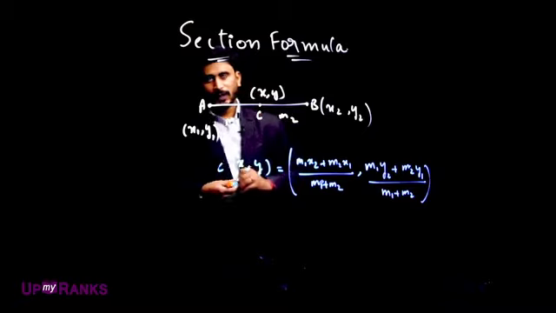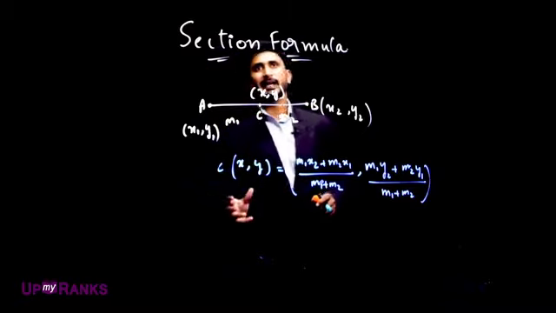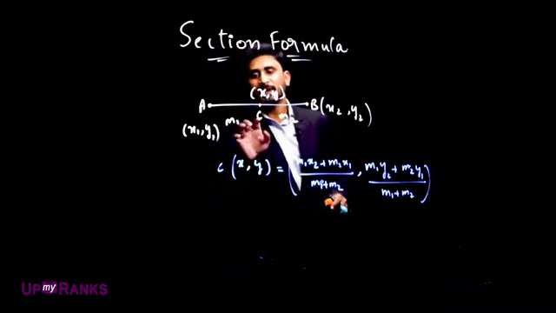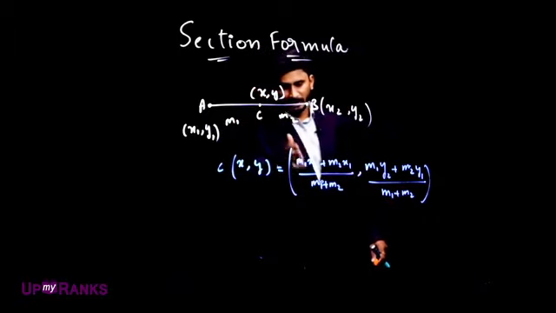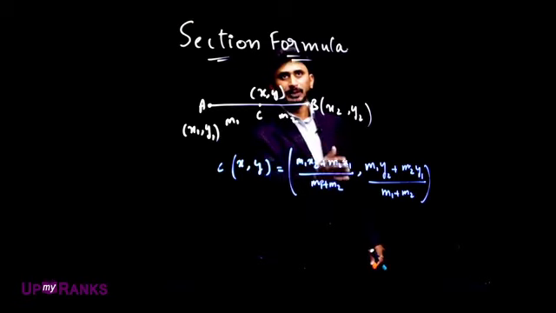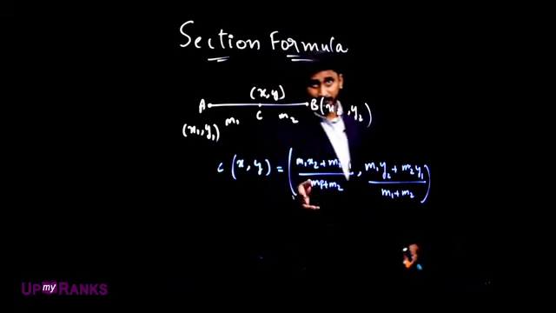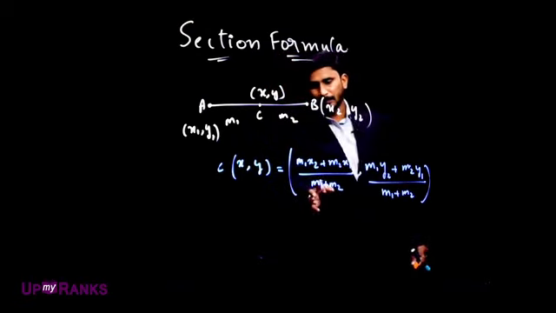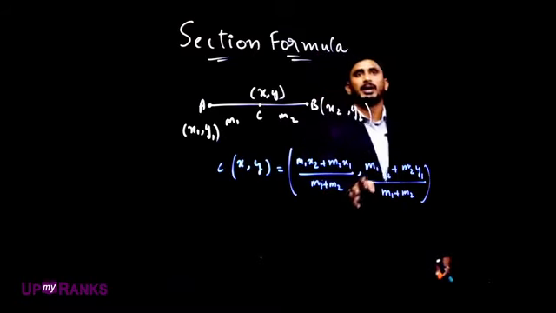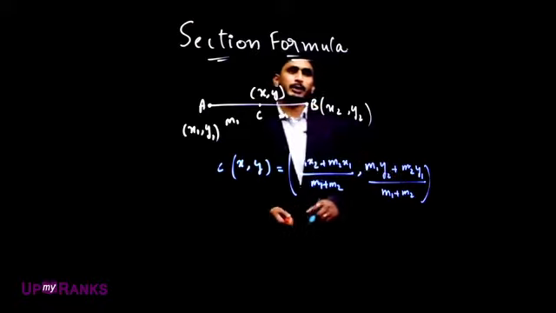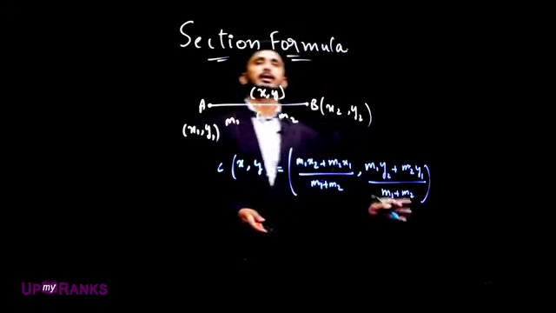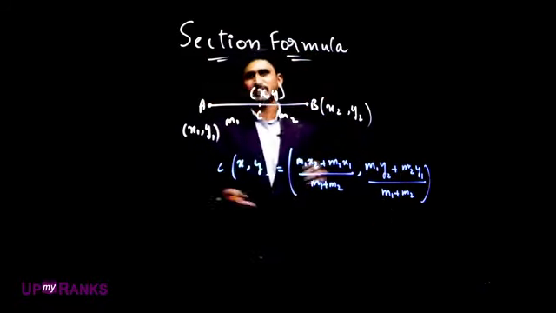So to find the coordinates of the point C, we have this formula: m1 into x2 plus m2 into x1 whole divided by m1 plus m2, comma, m1 into y2 plus m2 into y1 whole divided by m1 plus m2. So this is the section formula.